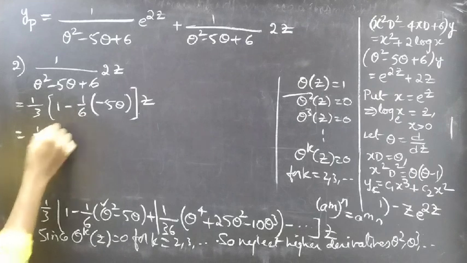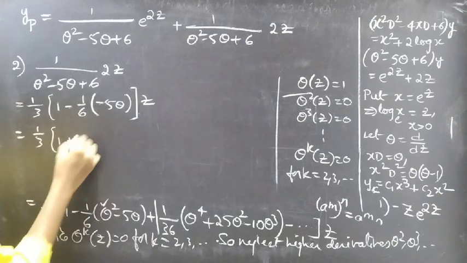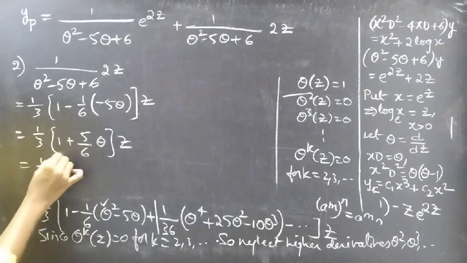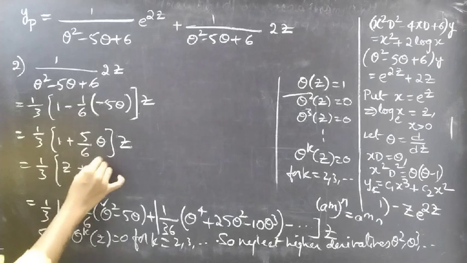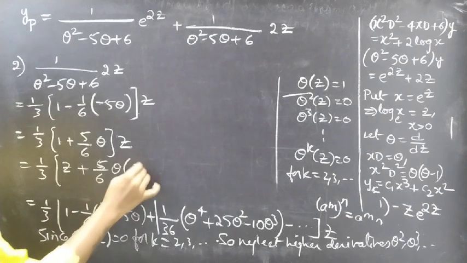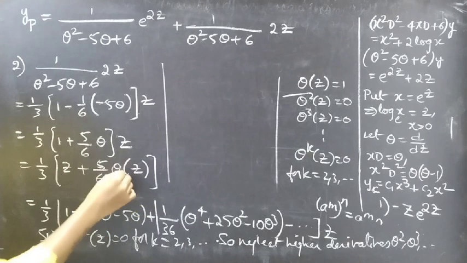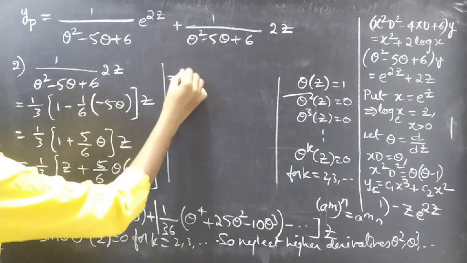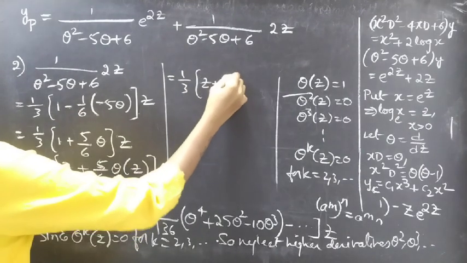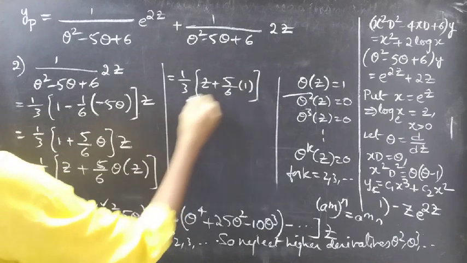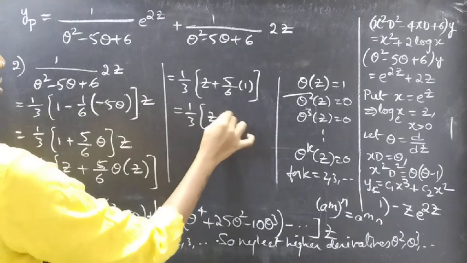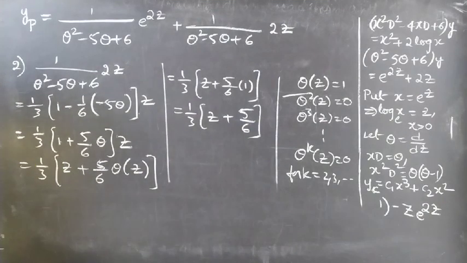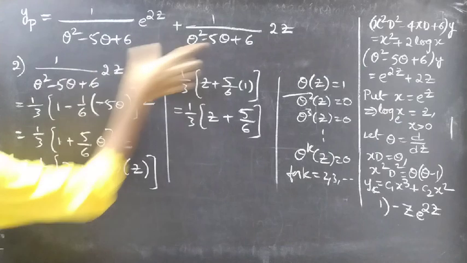This equals 1 by 3 into 1 minus into minus plus 5 by 6 into theta into z. This equals 1 by 3 into 1 into z plus 5 by 6 into theta of z. Since we know that the value of theta of z is 1, just replace the value. We'll get z plus 5 by 6 into 1, which equals 1 by 3 into z plus 5 by 6. So this is the result obtained from the second term.